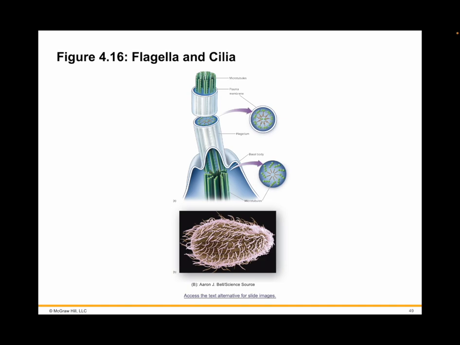So cilia are typically shorter, and in humans, dense masses of cilia project to line our breathing tube, the trachea, and they move mucus and dust particles out of the respiratory tract and the throat. More specifically, I would say that flagella are used for movement as opposed to moving material. So in humans, we have a single flagellum on each sperm cell that propels the sperm cell in a swimming motion.